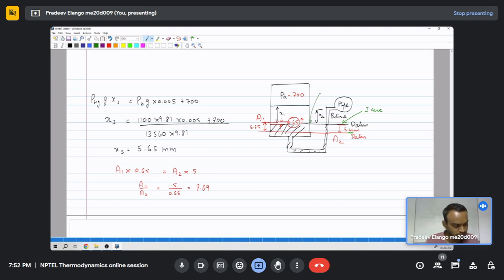With this datum it has increased by 0.65 mm. Is it clear?